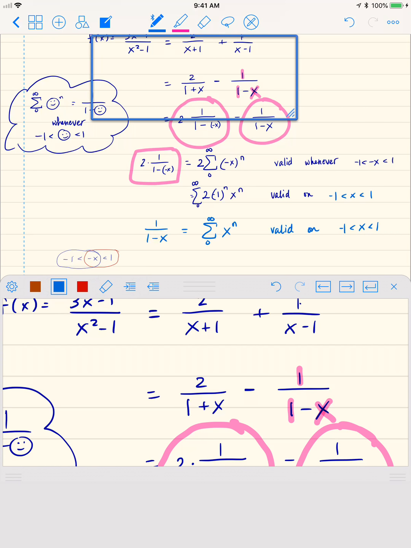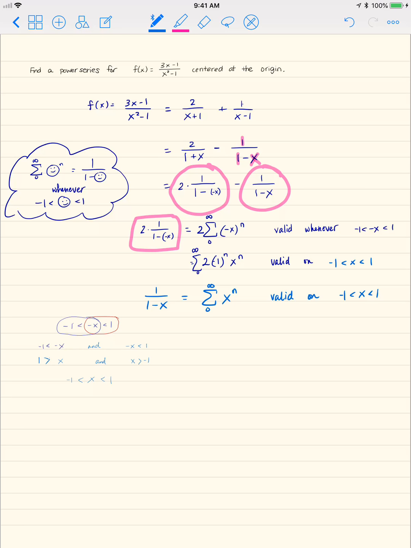So to put it all together, the bottom line is that f of x, which is equal to (3x − 1)/(x² − 1), is going to be equal to our first power series, which is the sum from 0 to infinity of 2 times negative 1 to the n, x to the n, minus our second power series, which is the sum from 0 to infinity of x to the n.